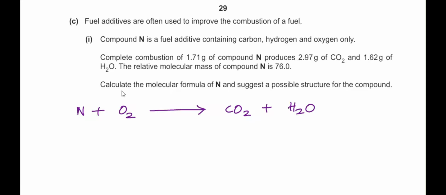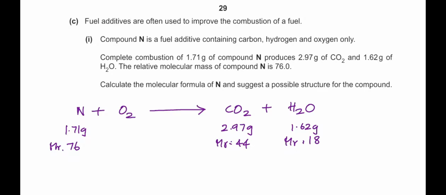Let's write out the other details that we know. 1.71 grams and its MR is 76. Then carbon dioxide, it's 2.97 grams and we know its MR is equal to 44, and water 1.62 grams, its MR is equal to 18.